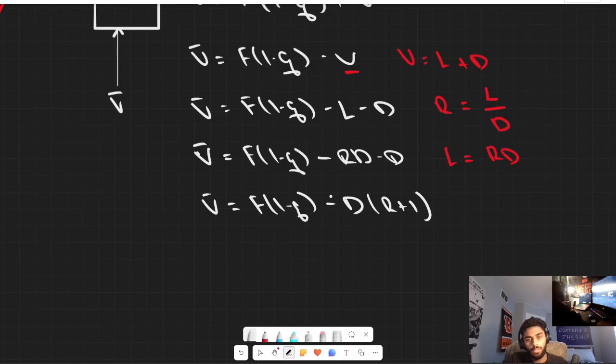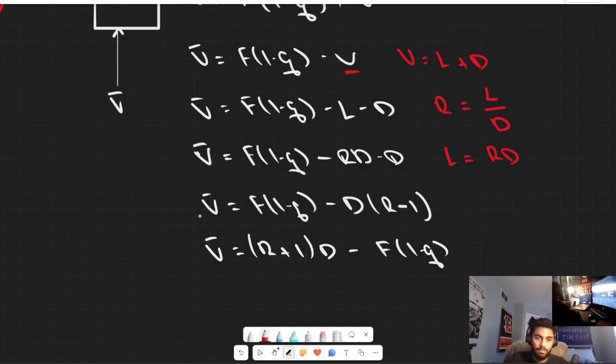I believe that should be right, because if we take out a D, we get a R minus 1. So actually, no, this should be, which we can rewrite to make this make a little bit more sense. If we take out that minus here, put it there, and then rearrange this, R plus 1 D minus F 1 minus Q. And now we have this, well, we're not actually done yet.